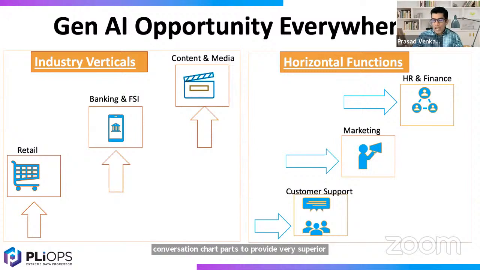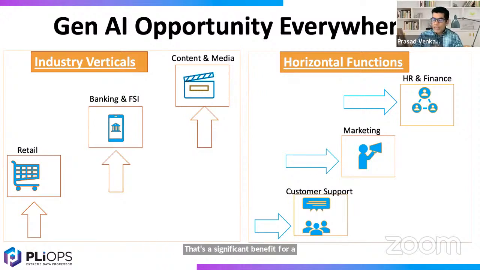Another McKinsey report says customers using generative AI technology see around a 14 to 20% reduction in average resolution time per hour. That translates into almost 35 to 40% operational cost savings for any contact center, right? That's a significant benefit for customer support.